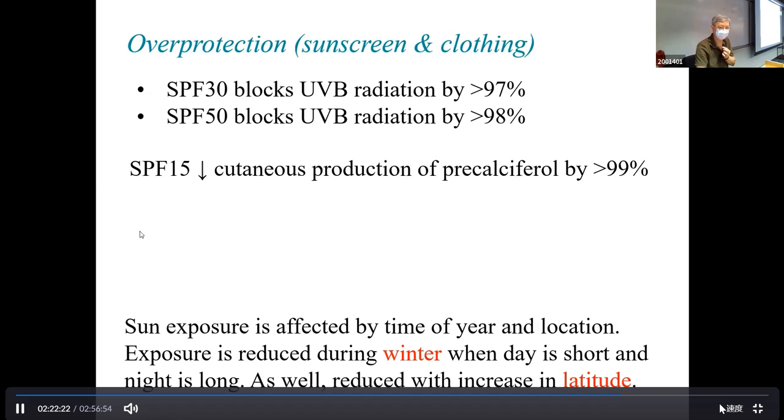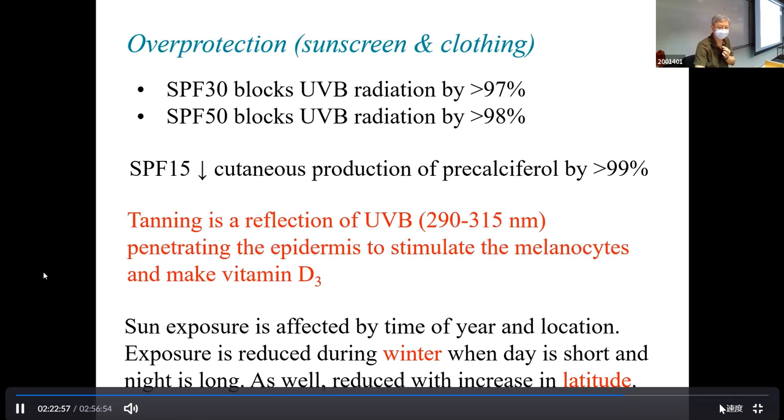The other factor will be sun exposure, which is affected by time of year and location. Exposure is reduced during winter time, when day is short and night is long, as well as reduced with an increase in latitude. Increase in latitude means the further north you are from the equator, or the closer you are to the north or south pole, then again that will have an impact.